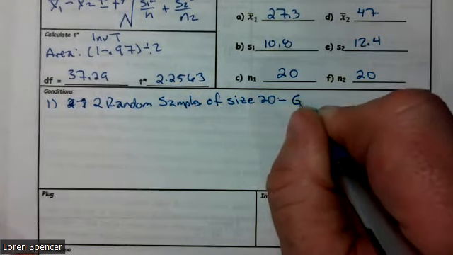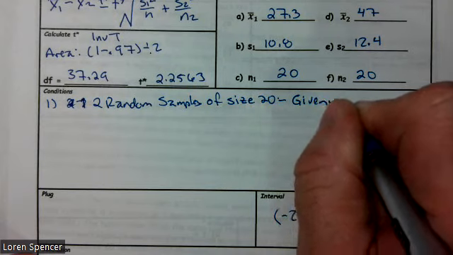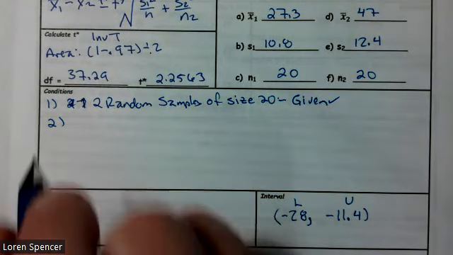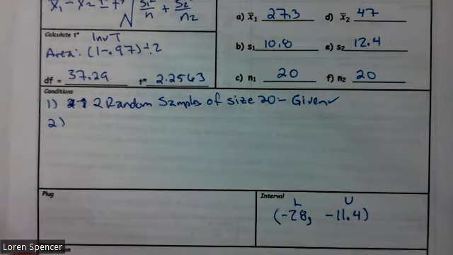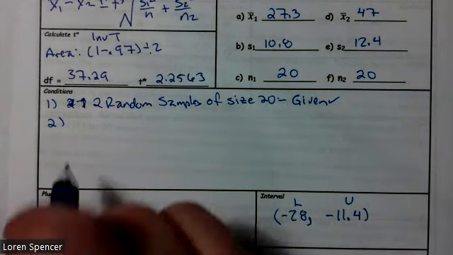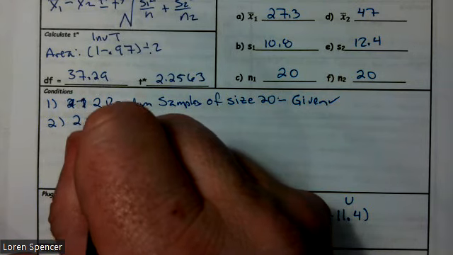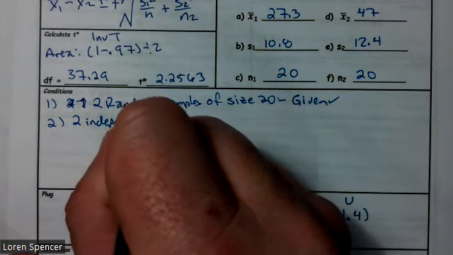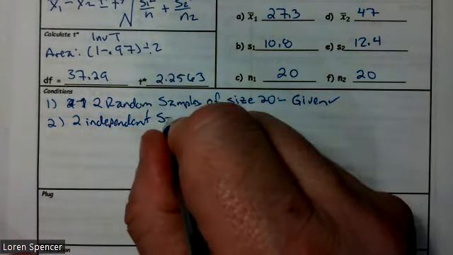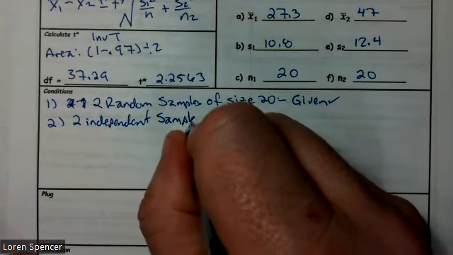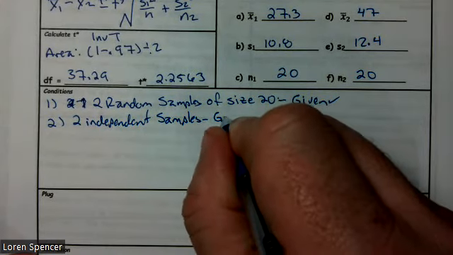And that was given. All right, the next thing is, were they independent? And yes, they're 2 independent samples. Given.